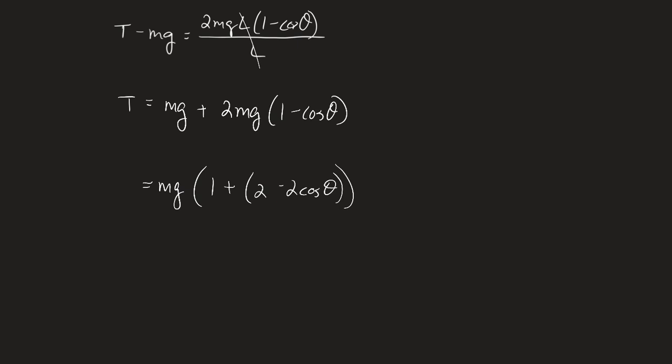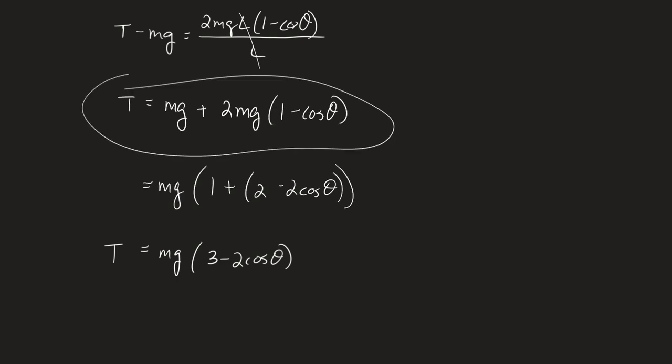So you can combine like terms and get mg times 3 minus 2 cosine theta. I think you'd probably be okay if you stopped here on the AP exam, but I like this one too.